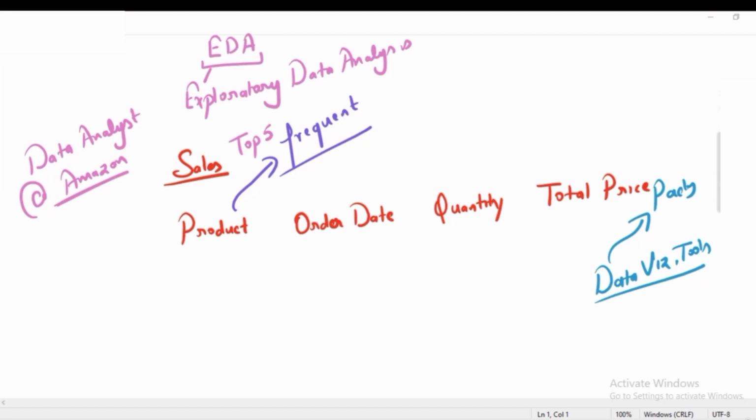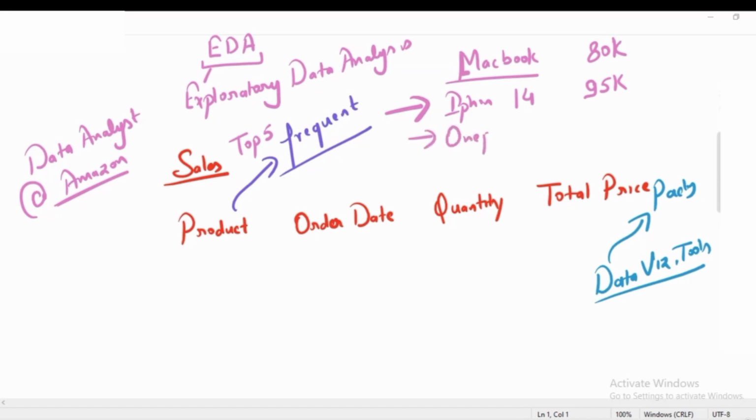Let's say the first product is some specific laptop, some version of a MacBook, and the count is 80K. Similarly, let's say some iPhone version, iPhone 14, with a count of 95K. Similarly, some other phone, some version of OnePlus, with a count of 60K.